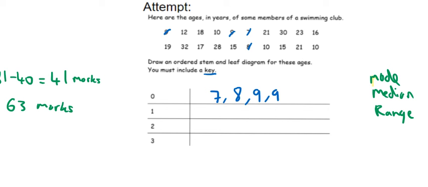Then there's 2 10s there. So we have to put in 0 twice, because that's the leaf of 10. There's another 10 as well there actually. So 3 10s. Next smallest is 12, so we put in a 2.